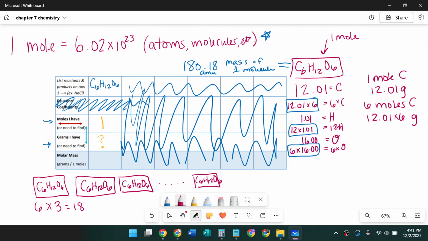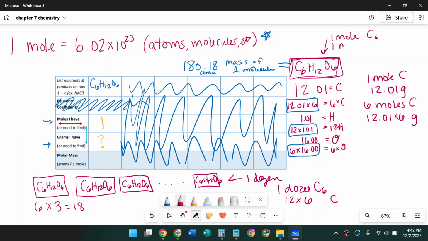oh, that was messy, I should have done that better. Let's pretend there's a dozen of these. I just didn't write them all. That means I have 1 dozen C6s, or in other words, I have 12 times 6 C's, right? That's what's happening up here. I have a mole of these. So that means I have a mole of C, 6 of them.